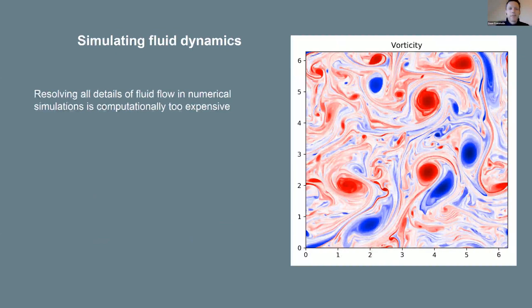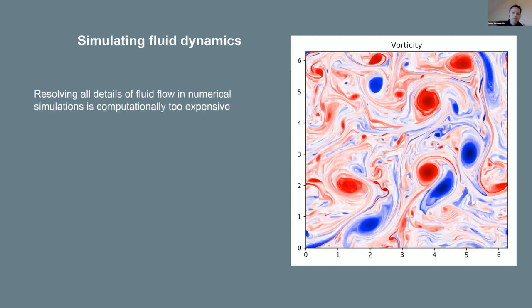So let's take a brief look at one major challenge when you try to simulate fluid dynamics, and that is that for nearly all flow configurations and practical turbulent flows, it is not possible by any stretch to resolve all the details of the fluid flow in numerical simulations, because it's computationally way too expensive.